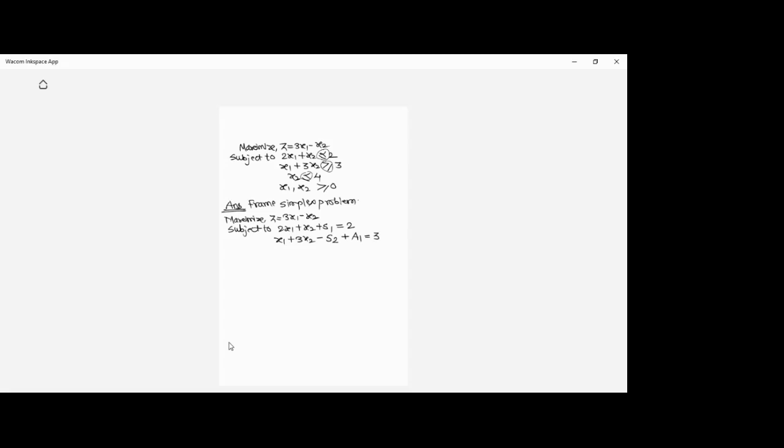Again we have x2 less than or equal to 4, so x2 plus s3 is equal to 4, right? So now we can write x1, x2, s1, s2, s3, a1 should be greater than or equal to 0, right?